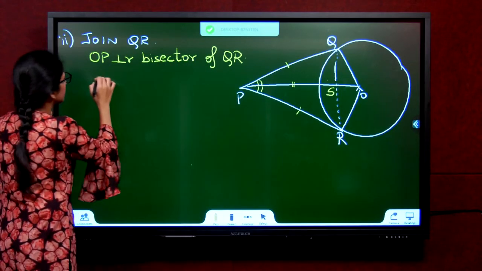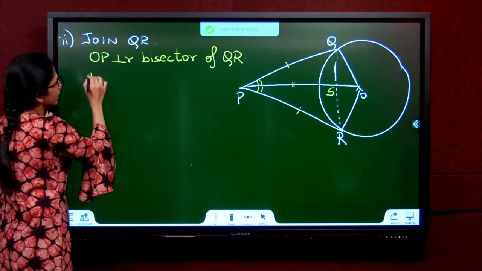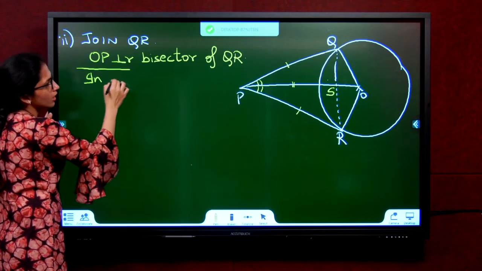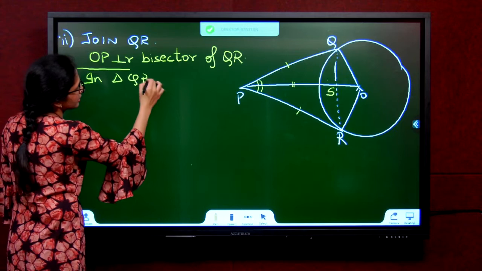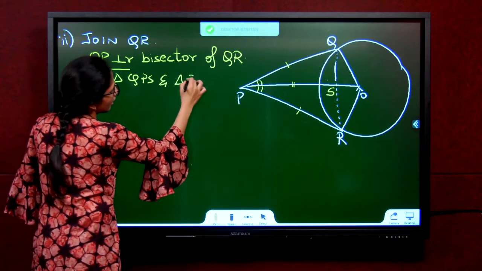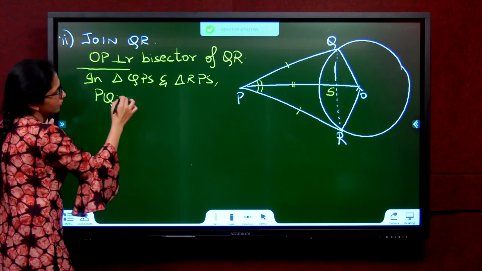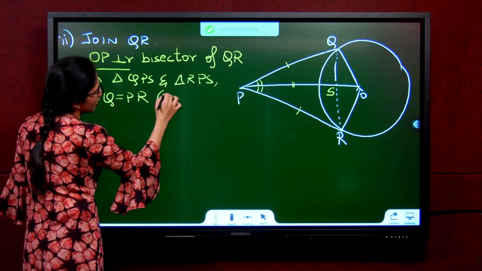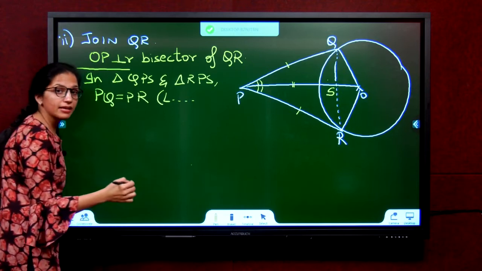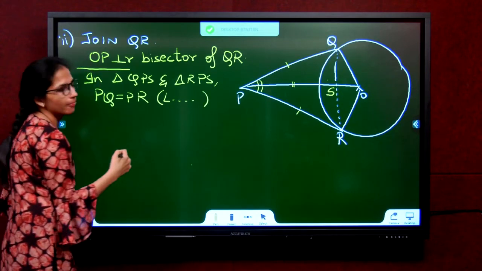We'll just put that in words. In triangle QPS and triangle RPS, PQ is equal to PR. Why? Length of the tangent from external points are equal.